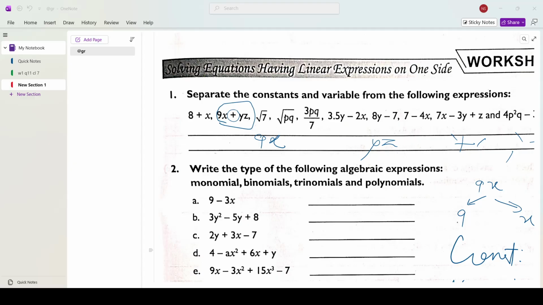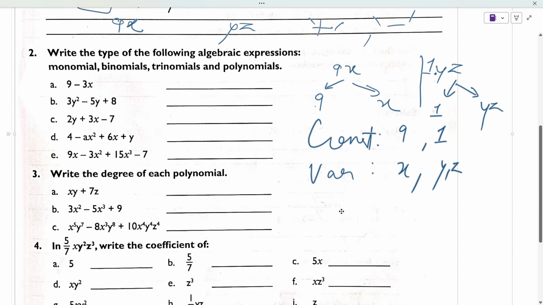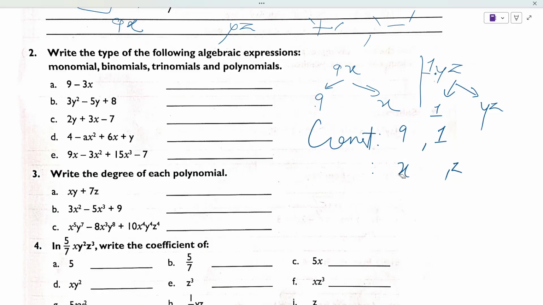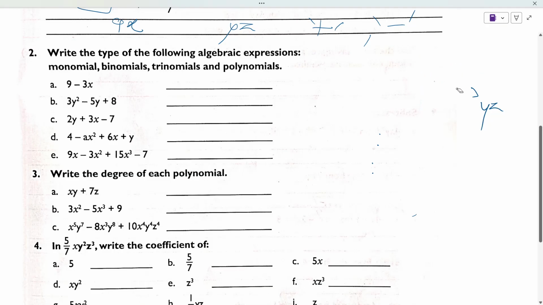Proceeding to the next question, that is question number 2. Question number 2 says that write the type of following algebraic expressions: monomials, binomials, trinomials, polynomials.